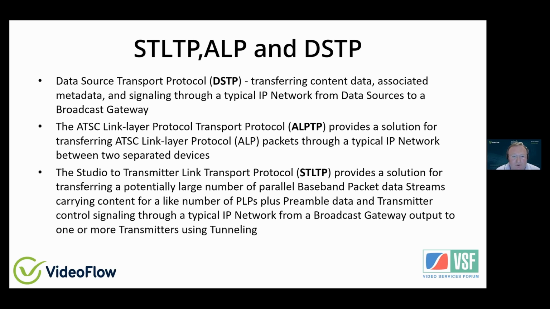And the new studio to transmitter link transport protocol provides a solution for transferring a potentially large number of parallel baseband packet data streams carrying content for a like number of PLPs. This is too heavy to explain, but basically STLTP takes everything in and pushes it through the transmitter.